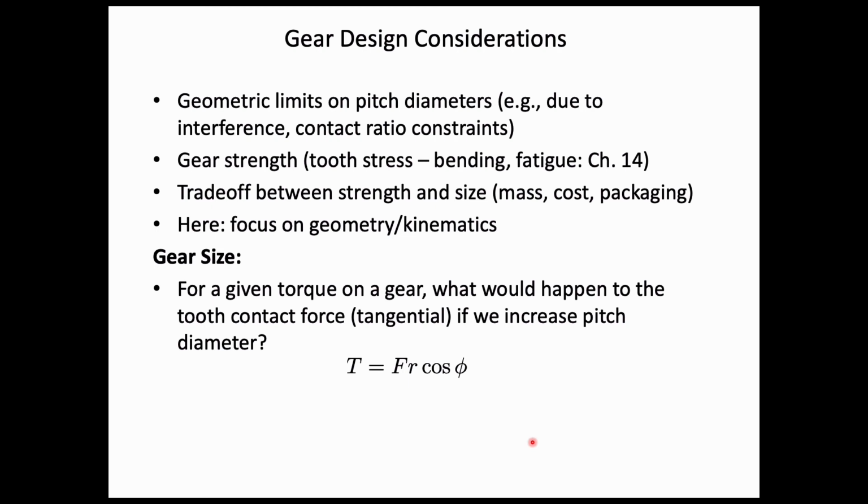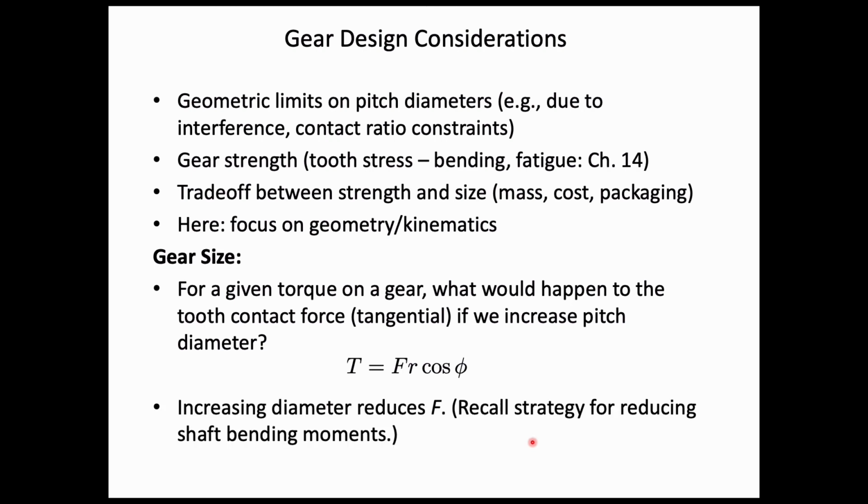And for a given level of torque, we're going to have this lower force, and then that's going to increase the safety factor for the gear. So not just because we have a larger, stronger gear will a larger gear set be stronger, but because we're actually reducing the contact forces.